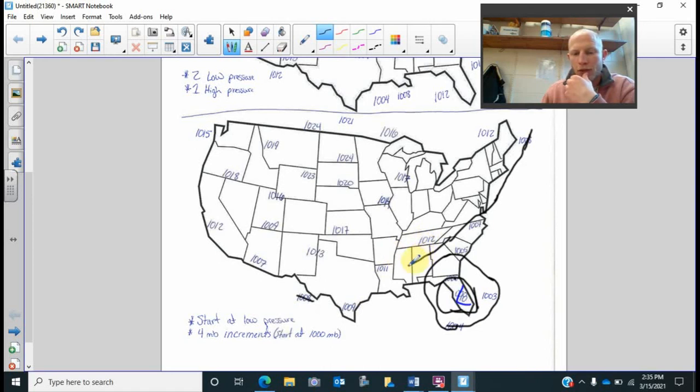So 1,008 must be below 1,009. 8 does not fit between 9 and 11, so I must go below. Connect here with 1,008. I know 1,008 is between 1,009 and 1,007, but I know 1,008 is also less than 1,012, so I go below 1,012.